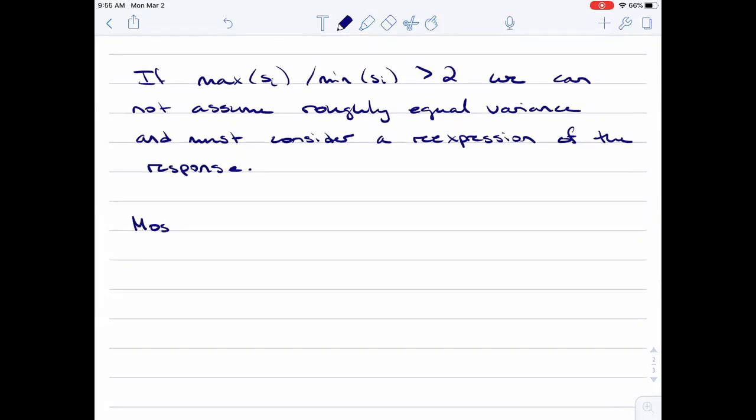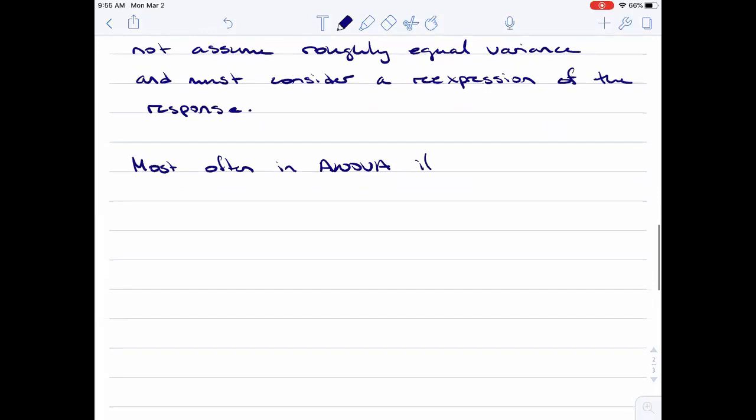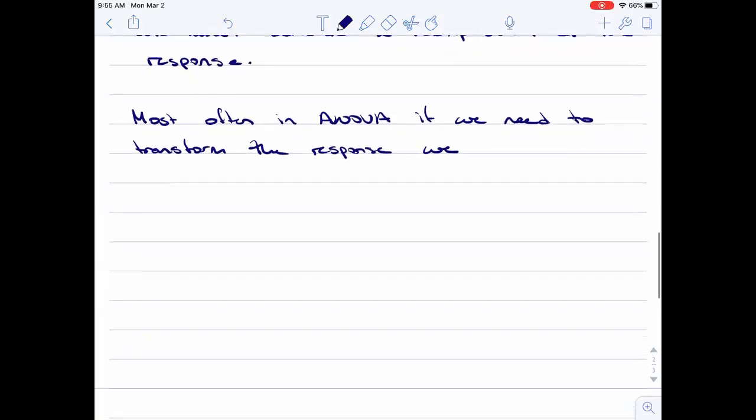Most often in Anova, if we need to transform the response, we typically use a log transform. A natural log, ln, but we just write log.